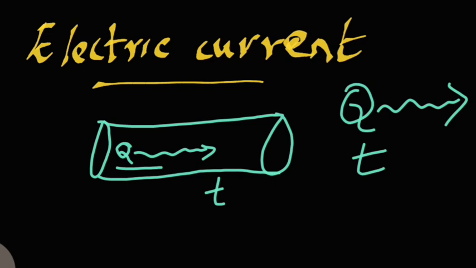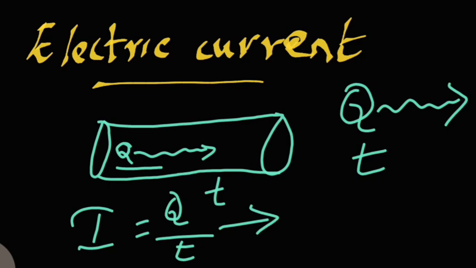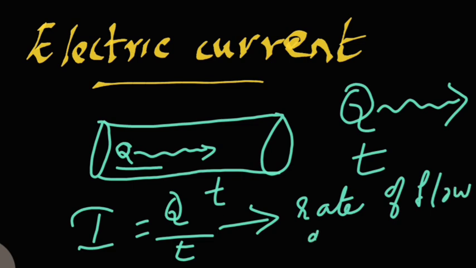If such is the situation, then we can say that the electric current, represented using the capital letter I, is equal to charge upon T, Q by T. Or you can say that electric current is the rate of flow of charge. You know that rate means it is actually the speed.